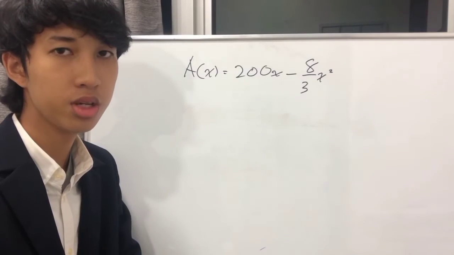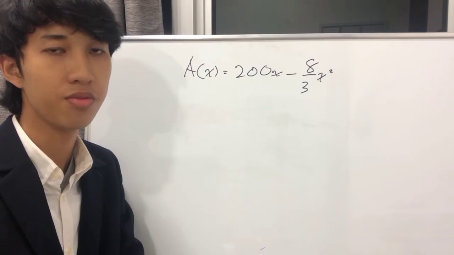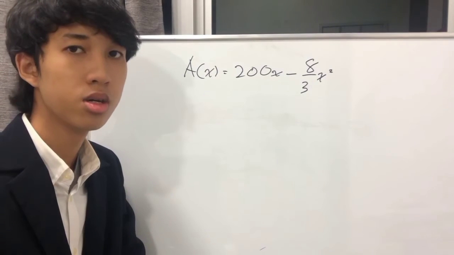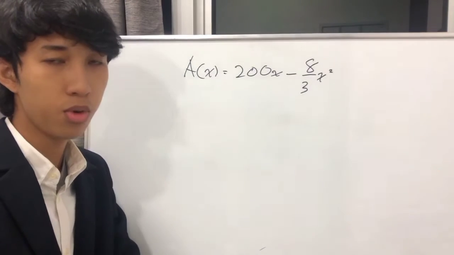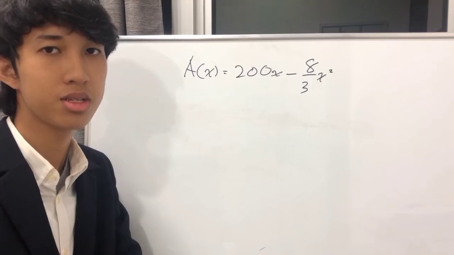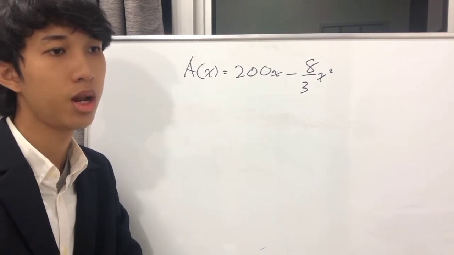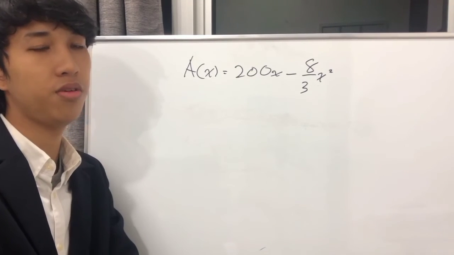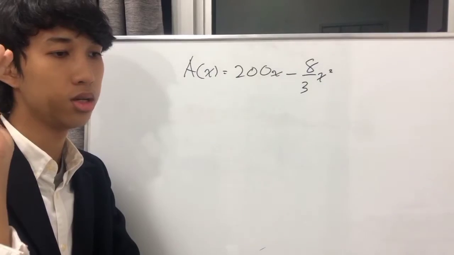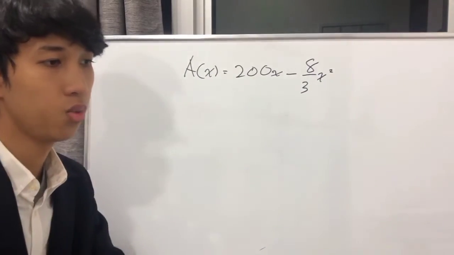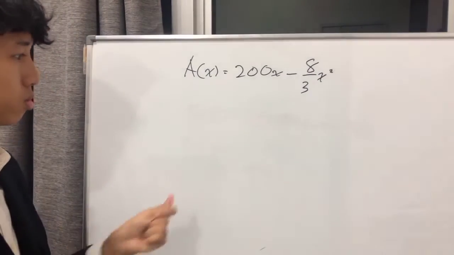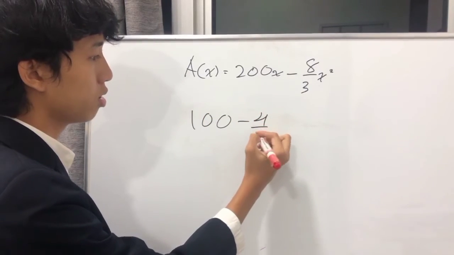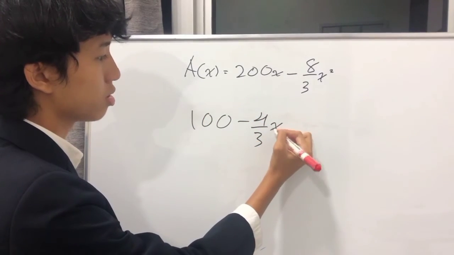The maximum value in the interval is 3,750 and x equal to 37.5 maximizes the area of the corral. The length will be 2x, or 75 feet, and the width is y, which equals 100 minus 4 over 3 times x.